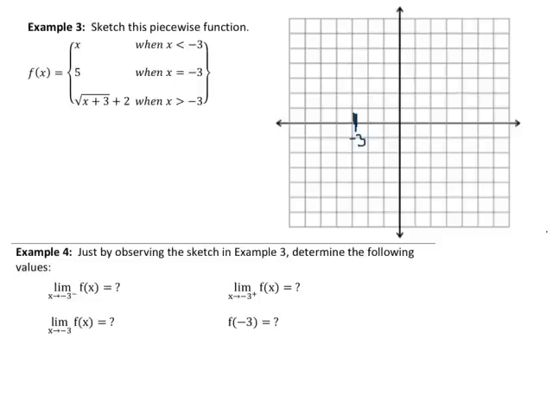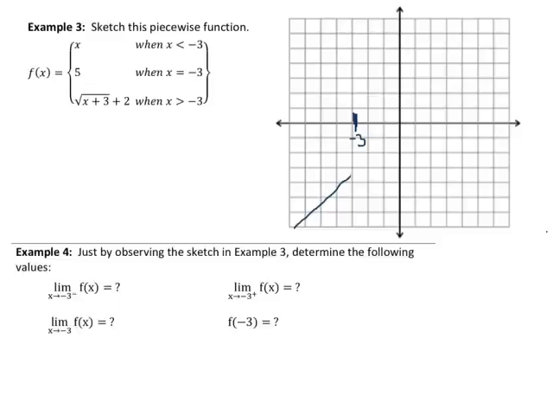So that would mean we'd have a line that would go right through the origin there, and it would continue something like this. Okay, now of course x is less than -3, so we can remove part of this, right about there.